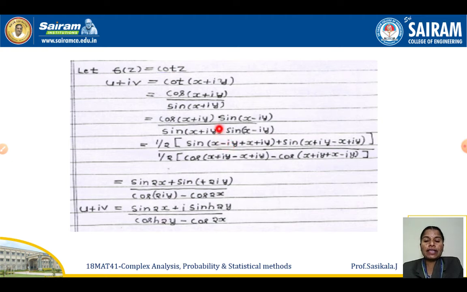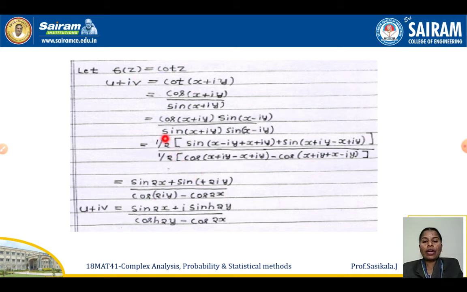For that reason, to make it simple, I multiply and divide by sin of x minus iy. Sin of x minus iy by sin of x minus iy. So in the numerator I can write sin of x plus iy plus x minus iy plus sin of x minus iy minus x plus iy, using the sin a cos b formula. Here also it has been used in a similar way.